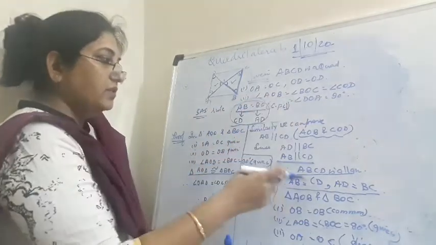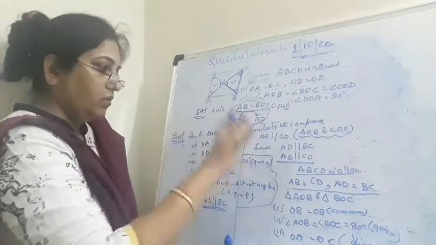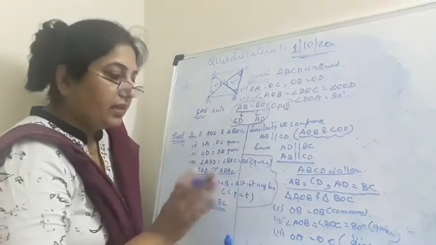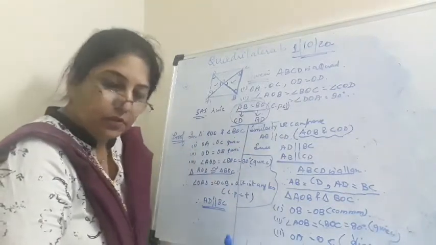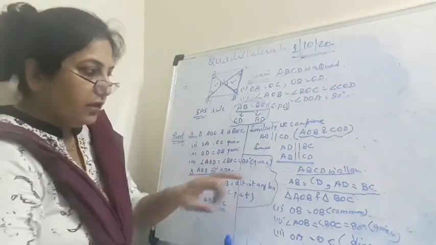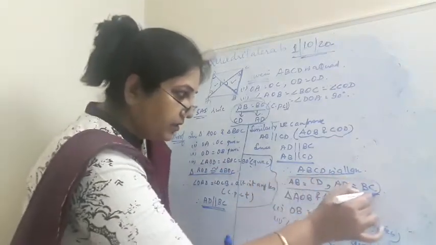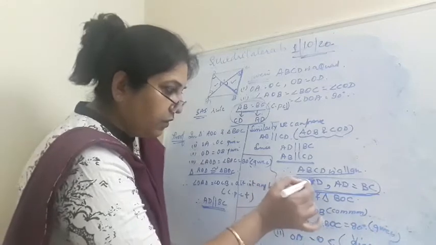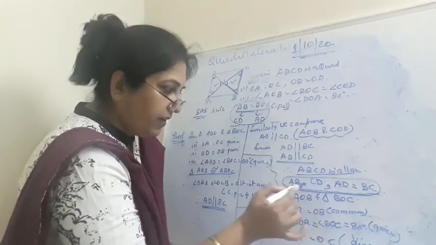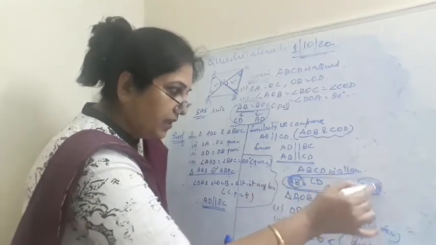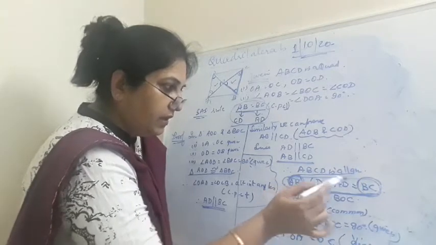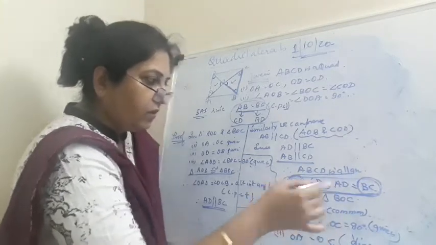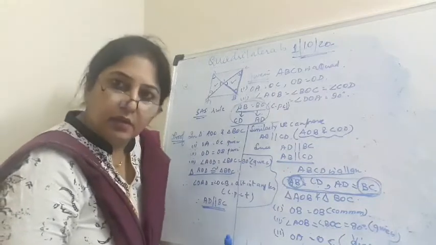Considering the three parts, we will now take all the four sides to be equal, and we can then write that ABCD is a rhombus. Okay, so I hope this is clear to you. From this point, since AB is equal to CD and AD is equal to BC, we have actually got AB is equal to BC. So AB is equal to CD, BC is equal to AD, and so all the four sides are equal.